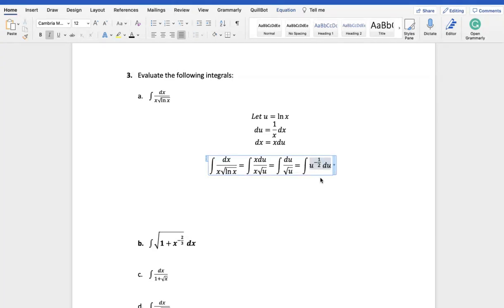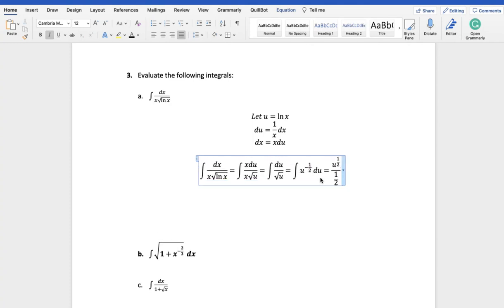And what is that integral equal to? u to the power of half divided by 1 over 2. Does everyone agree here? Let me write it down and see if everyone agrees. Over 2. Is this correct? Plus C.